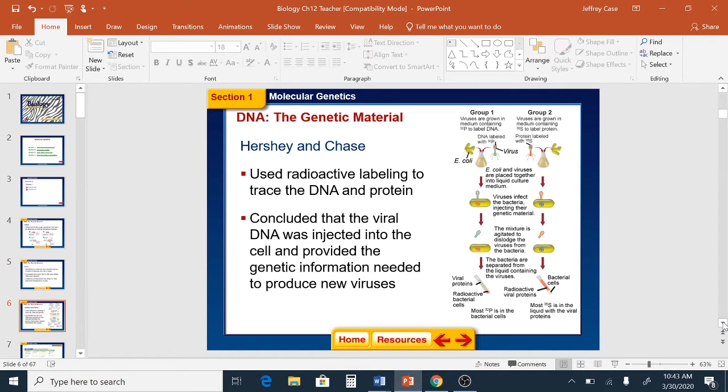Hershey and Chase used radioactive labeling to trace the DNA and protein. Concluded that the viral DNA was injected into the cell and provided the genetic information needed to produce new viruses.